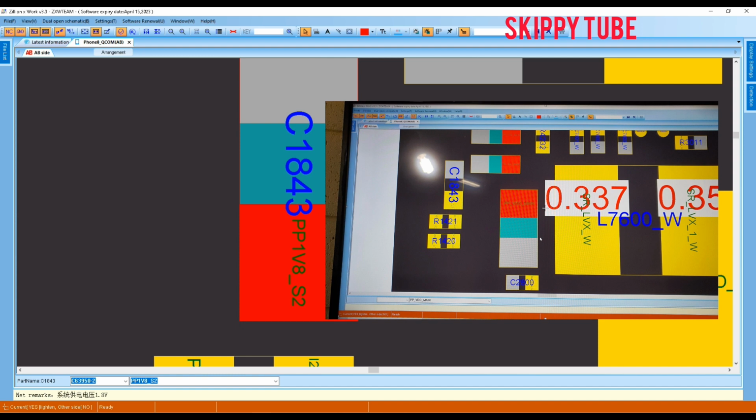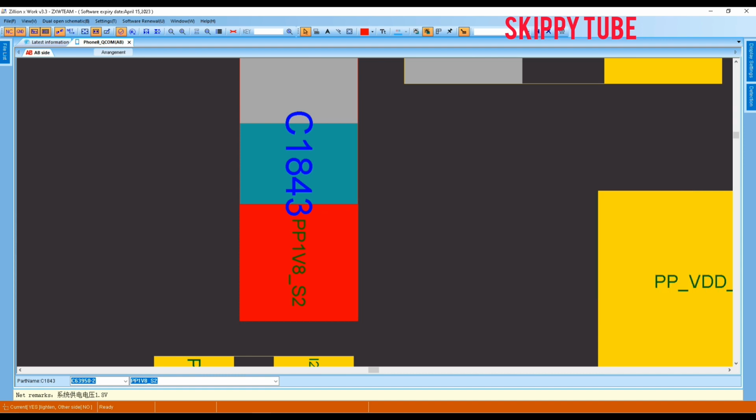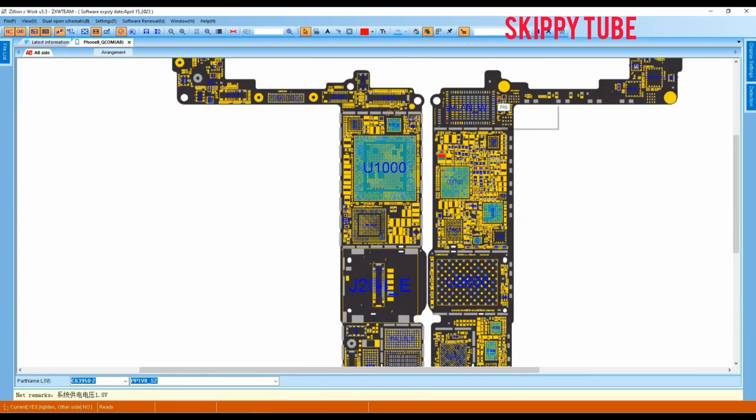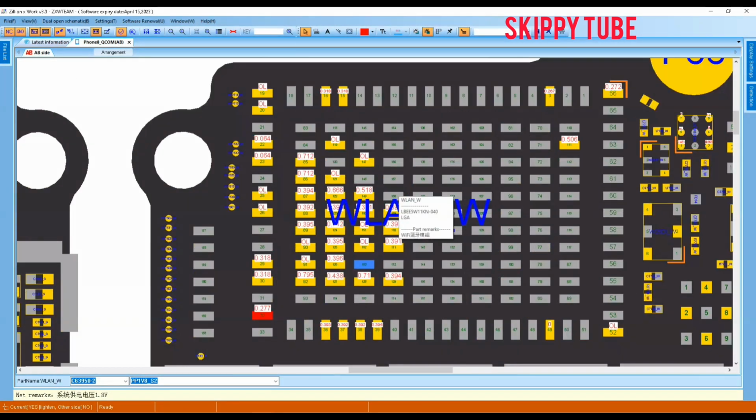The Wi-Fi IC doesn't connect to the 1.8 I/O, but this path, 1.8 SDRAM, is connected to this IC. You see, this is the VLAN_W.